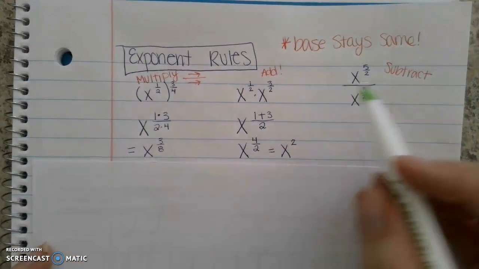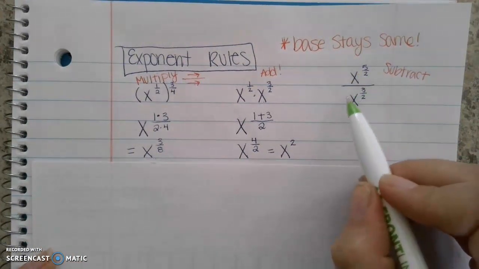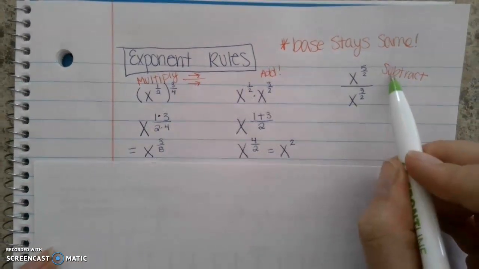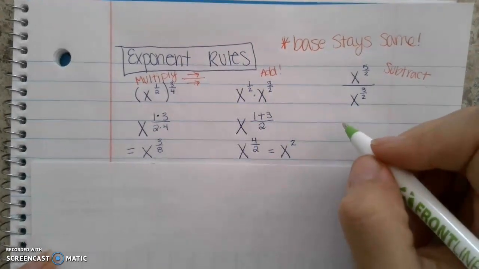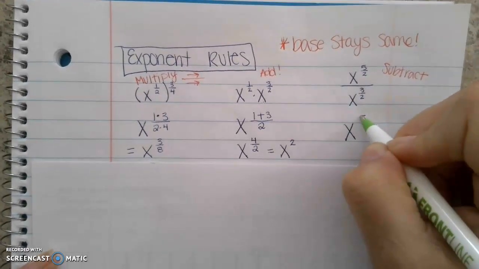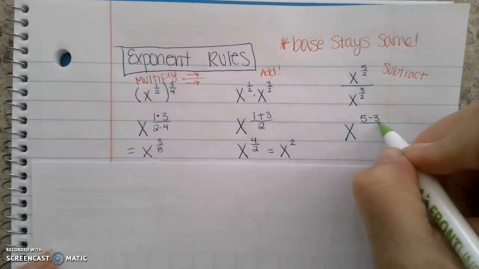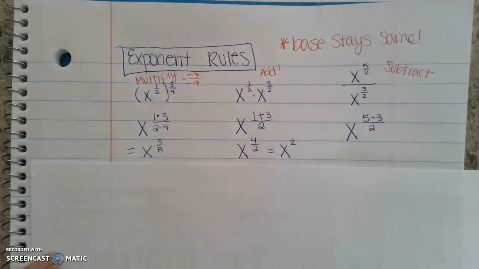All right, last one, looking at this one right here. Now I have x to the 5 over 2 divided by x to the 3 over 2, and we're going to subtract these exponents here. So I'm going to subtract, and I'm going to get x to the 5 minus 3. And again, my denominator stays the same. I don't change that 2.